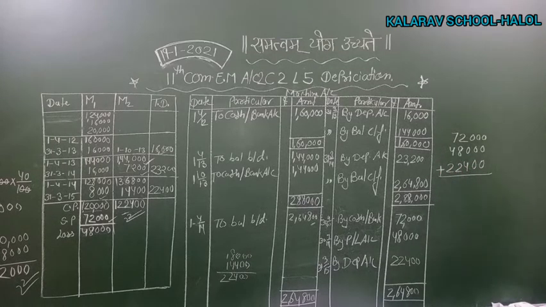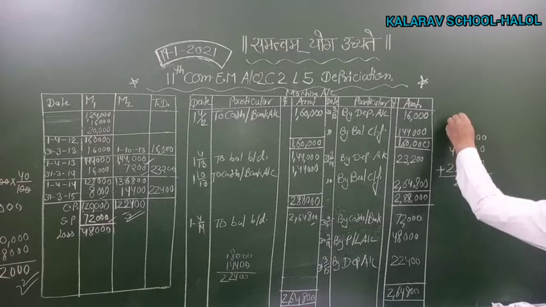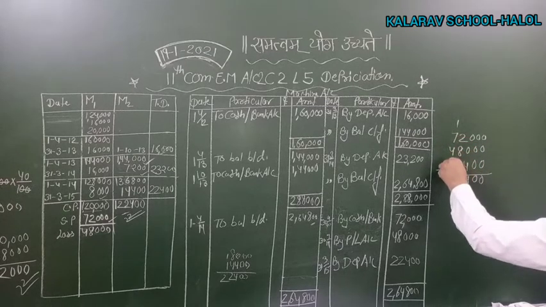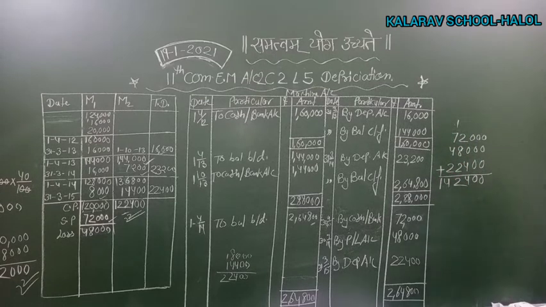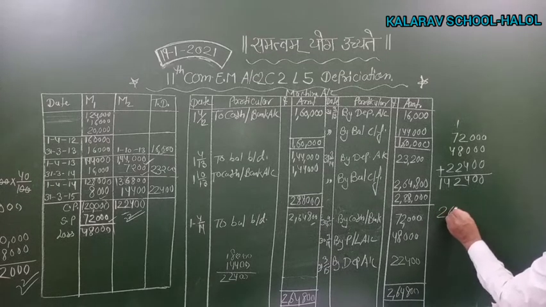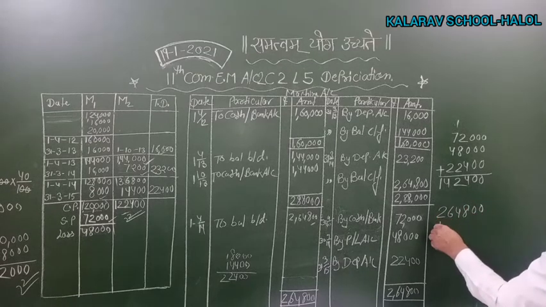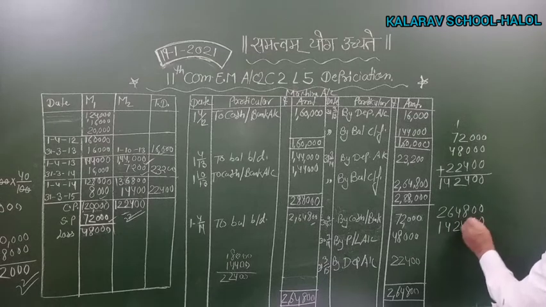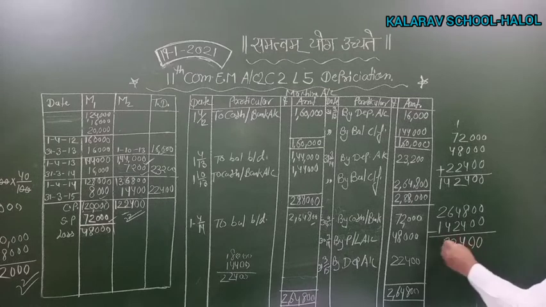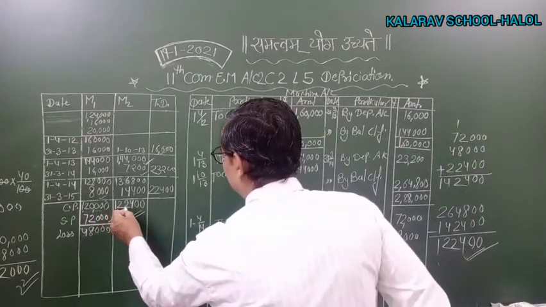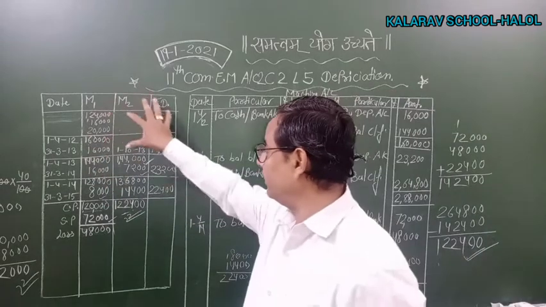Adding them, we get 1,42,400 in total. Now subtract this from 2,64,800 and you get 1,22,400. See, here also 1,22,400. So that is the benefit of the working note.